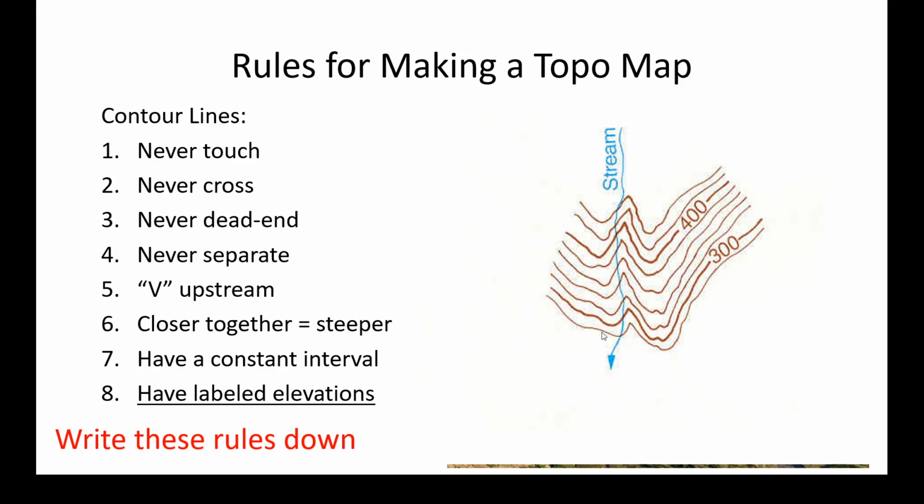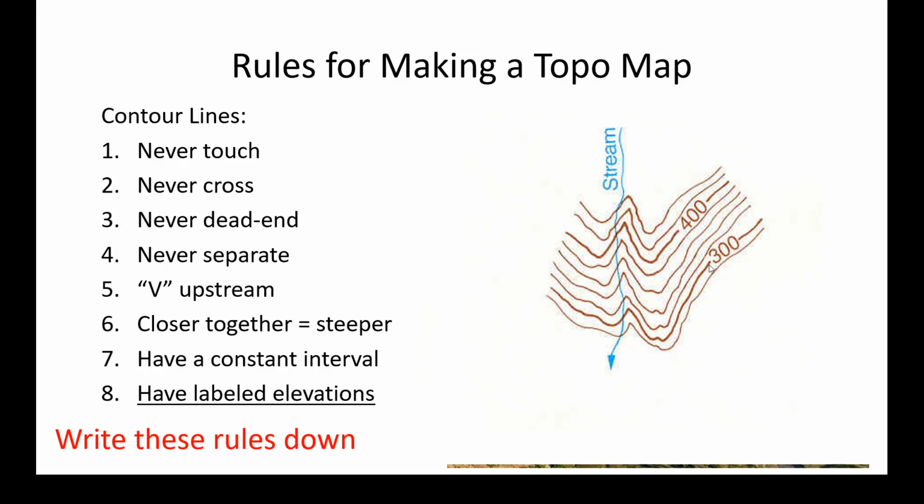So contour lines that are closer together are steeper. Basically, the difference between two contour lines will always be consistent on a map. Some combination maps have marked out areas where there are different, but basically for one consistent surface of a map, that interval between two lines is always going to be the same.